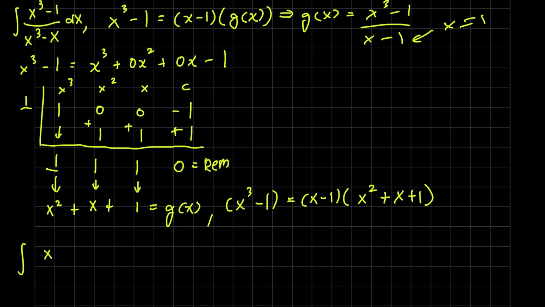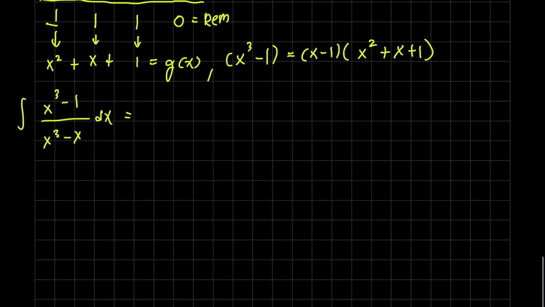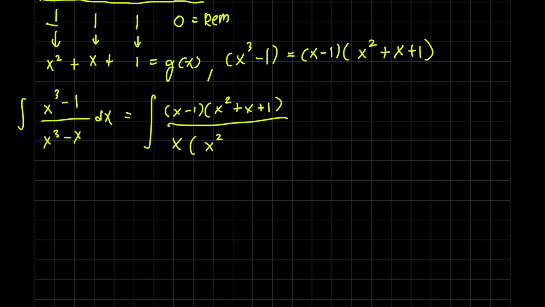So we have the integral of (x³ − 1) over (x³ − x) dx. This could be factored into the integral of (x − 1)(x² + x + 1) divided by x³ − x, which factors into x times (x² − 1) dx. But we'll also notice that x² − 1 is the same thing as (x − 1)(x + 1).